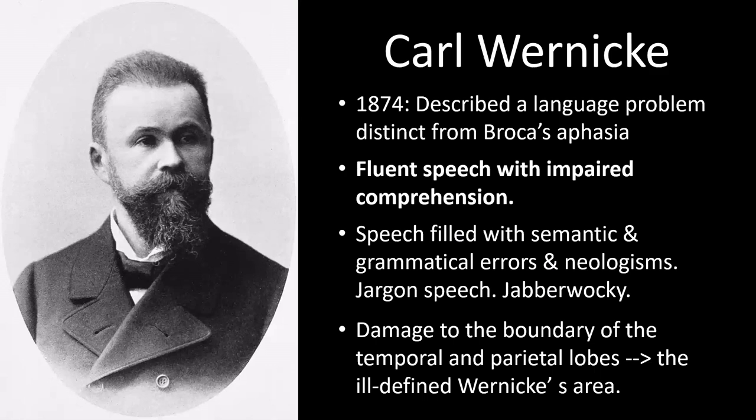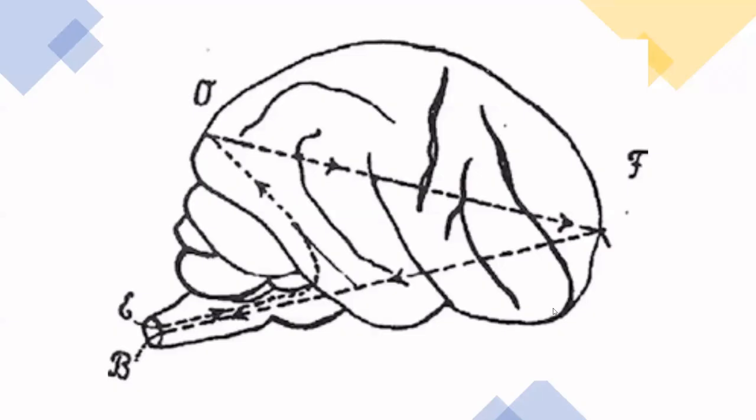And this area would later be referred to as the Wernicke area, despite the fact that it is anatomically very ill-defined and it has never been well defined. Wernicke himself has never defined the particular Wernicke area. It was only later authors who said, well, this area is probably responsible for language comprehension. Let's call it the Wernicke area.